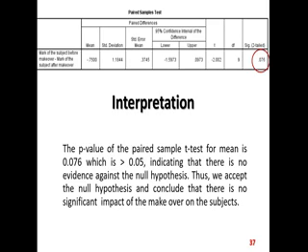Thus we accept the null hypothesis and conclude that there is no significant impact of the makeover on the subjects who went to the beauty parlor. This is the conclusion we take. You may see that the marks have increased a little after the makeover, but that increment is not statistically significant. It can be attributed to fluctuations in sampling, or sampling error.